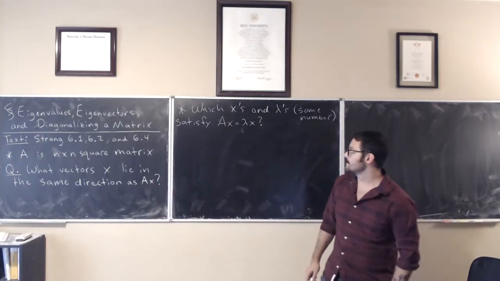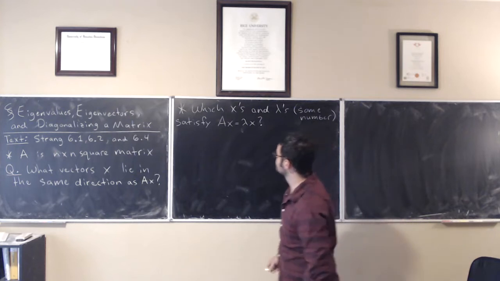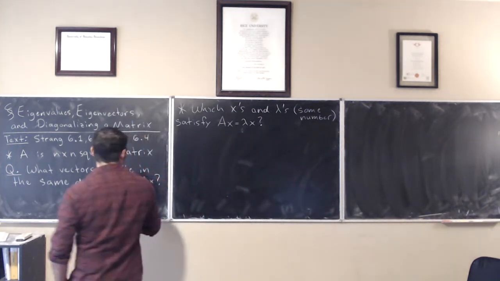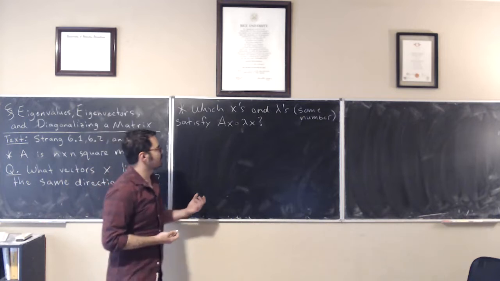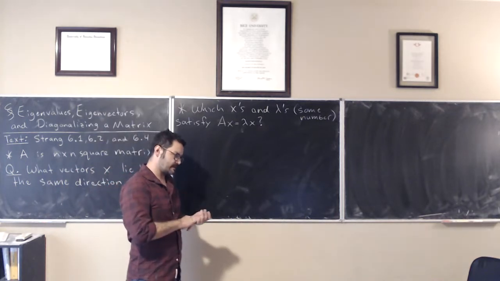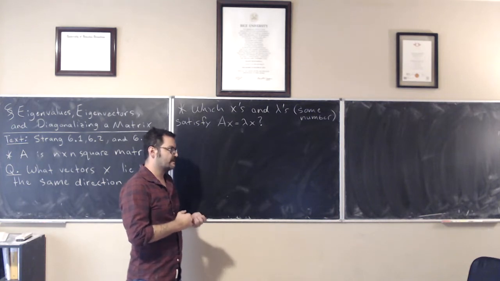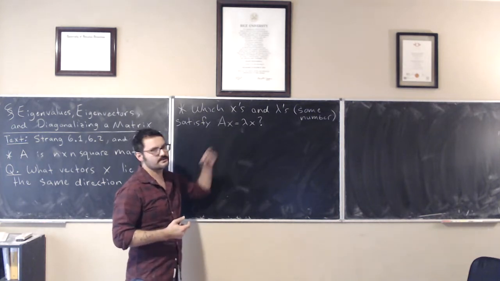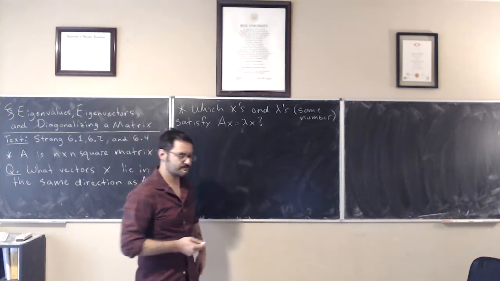In other words, what vectors x, when multiplied by A, does the matrix A act like a scalar? And what are those scalars?